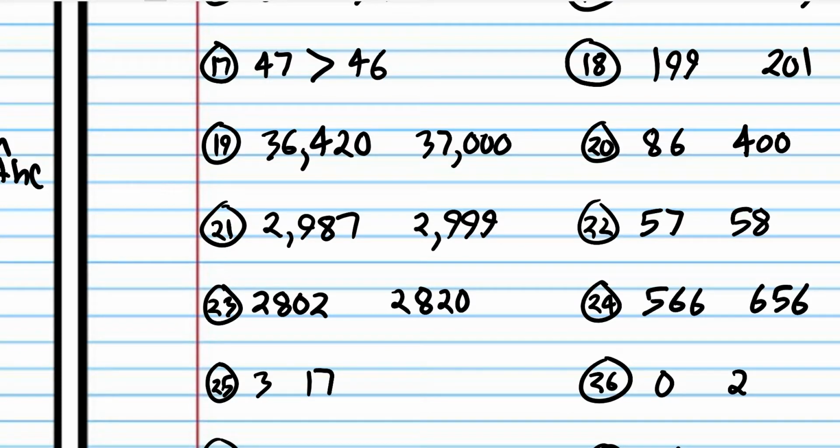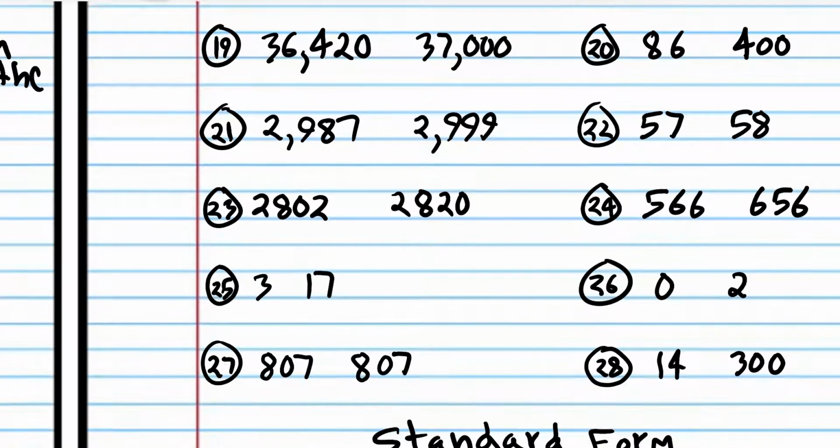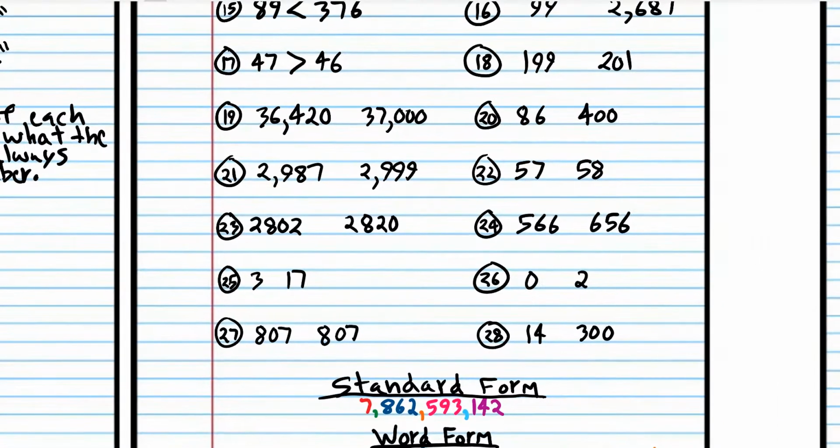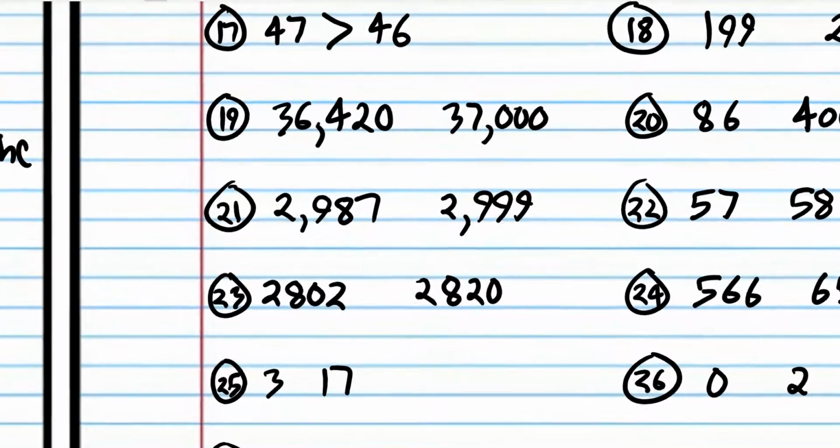So now, go ahead and try numbers 19 through 25. I'm going to do these along with you, but remember, it's not a race. If I finish, I'm going to tell you to pause the video and you can catch up. Go ahead and try 19 through 25.